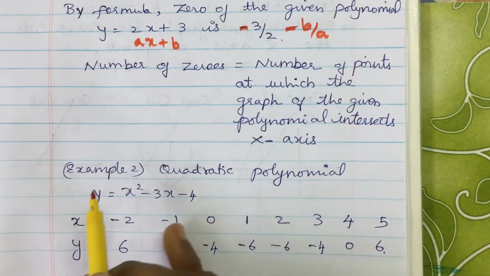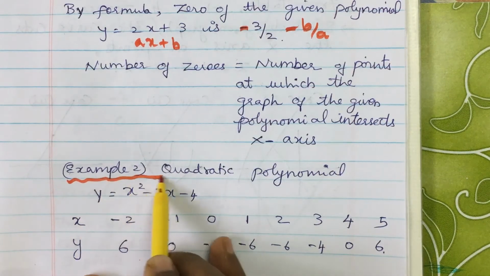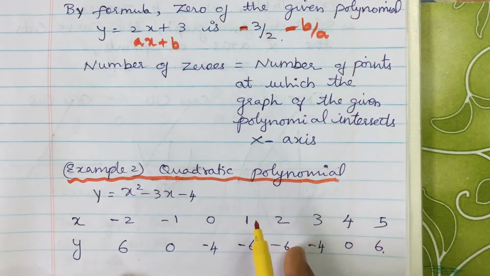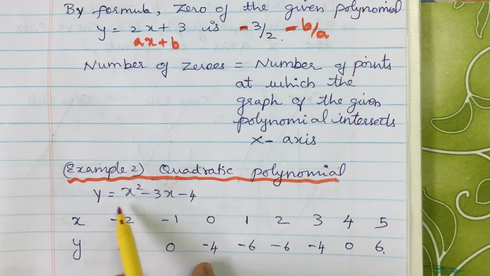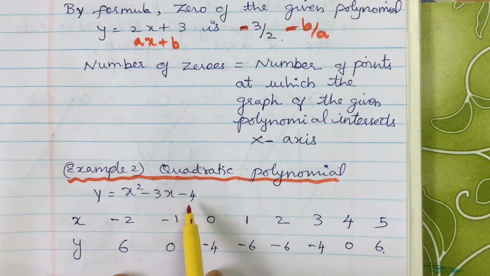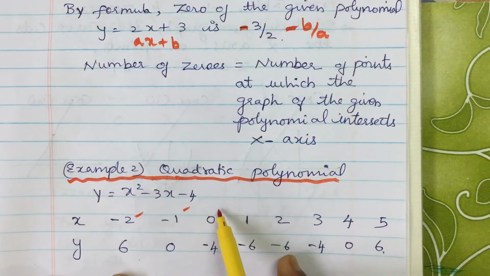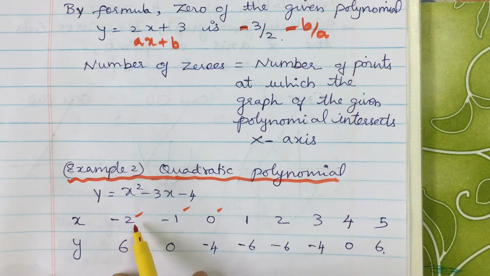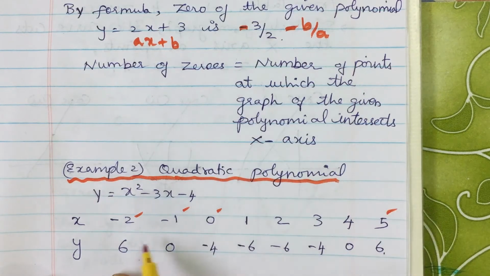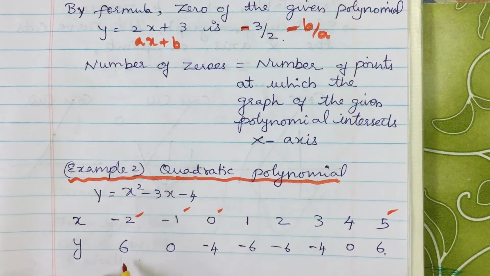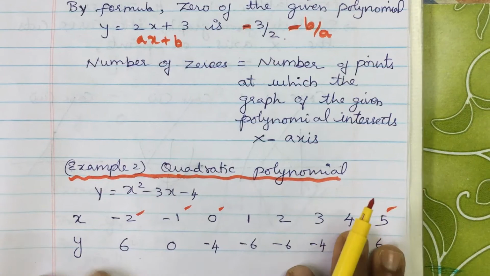Then coming to another example I have considered for explaining the concept of zeros. I have taken y is equal to x square minus 3x minus 4. So I have taken some random values, from x is equal to minus 2 to x is equal to 5, and I have substituted in this polynomial. Then I got the y values as 6, 0, minus 4, minus 6, etc.